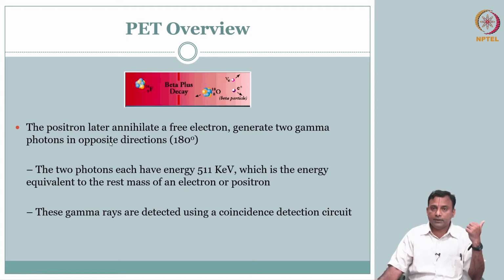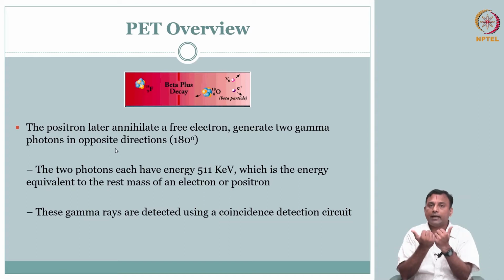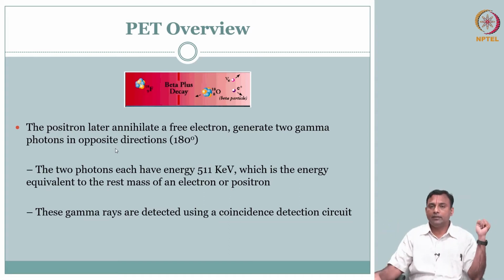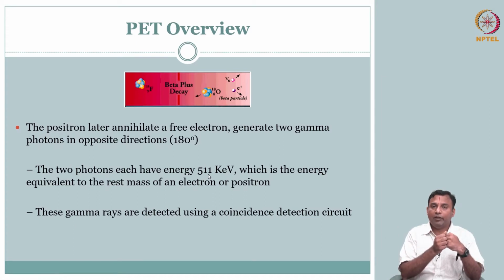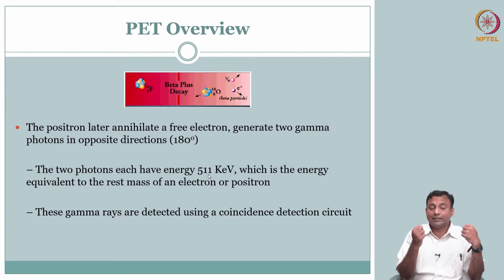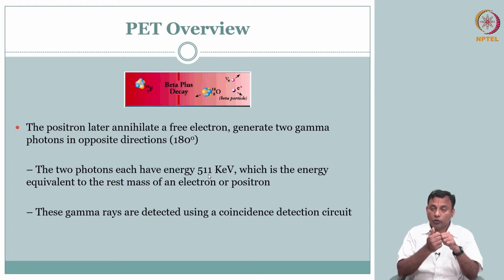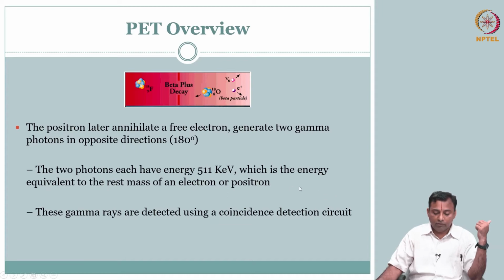The beauty about this is these two photons that are coming out are exactly opposite, 180 degrees in direction. An electron has a mass and a velocity, so you can get an energy. The rest mass energy, plus kinetic energy of half m naught v squared. So these photons also have the rest mass energy equivalent for an electron, which is 511 kilo electron volts.